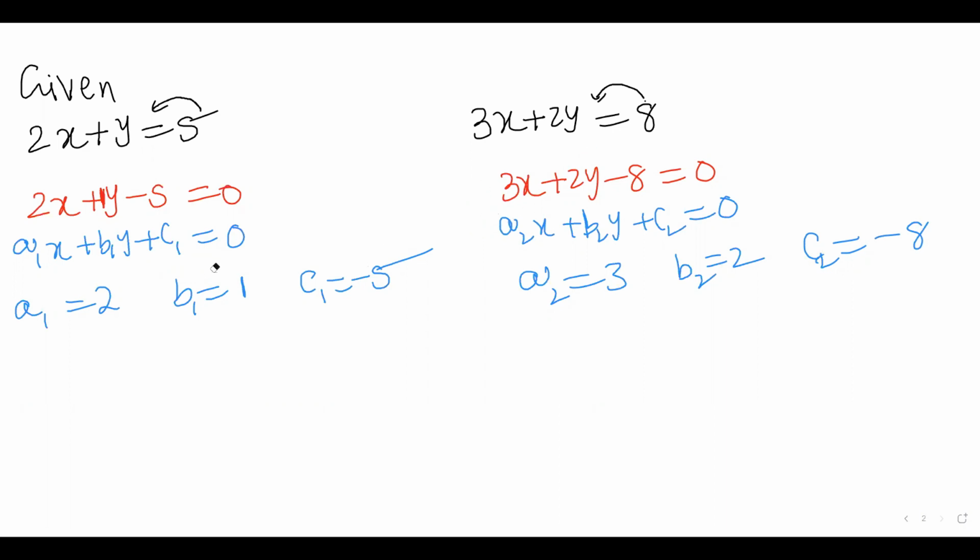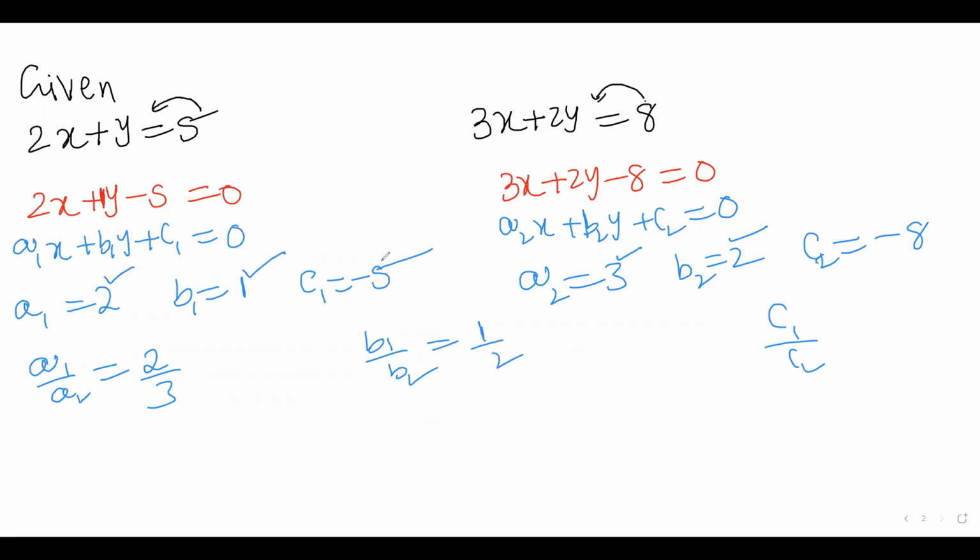Now what is a1 by a2? What is b1 by b2? What is c1 by c2? a1 by a2 is 2 by 3, b1 by b2 is 1 by 2, and c1 by c2 is minus 5 by minus 8.